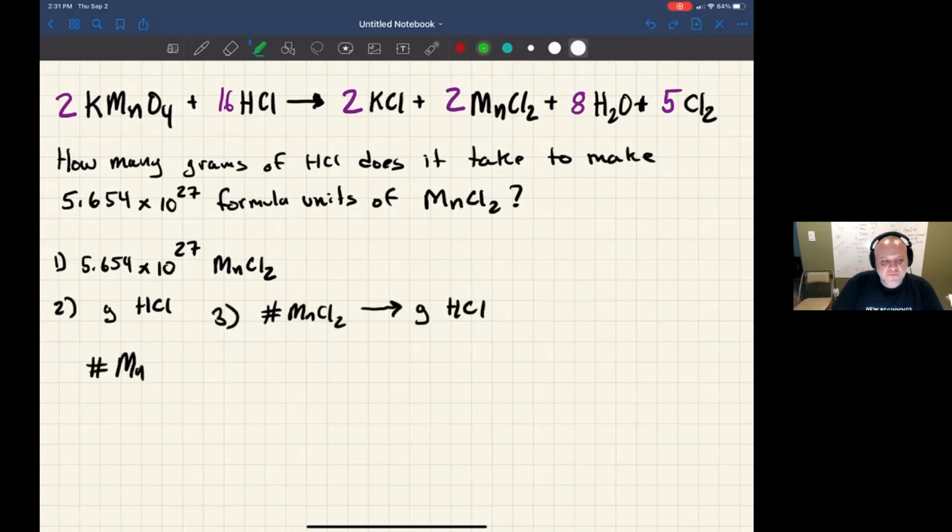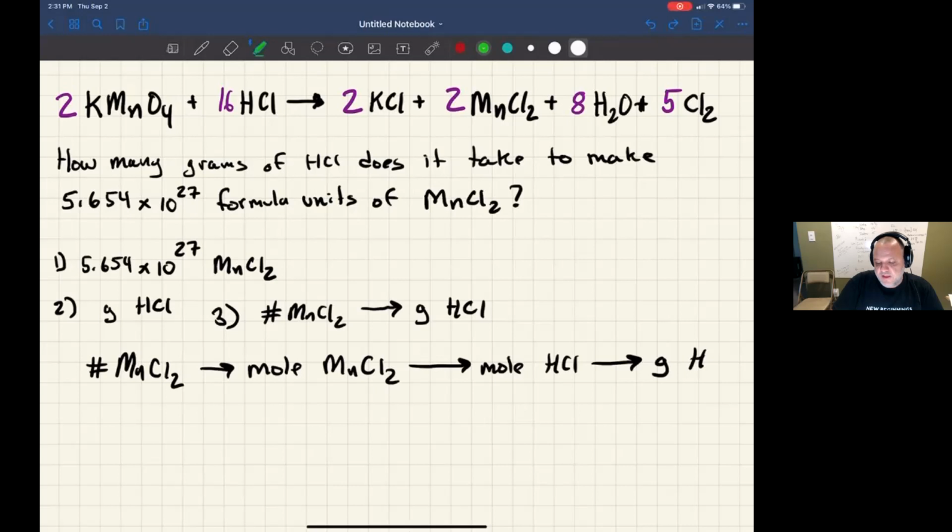So I can go from the number of formula units of manganese(II) chloride to the moles of manganese(II) chloride. Now I can use the balanced chemical equation to convert that into moles of HCl. Once I have moles of HCl, I can use the molar mass to convert to grams.